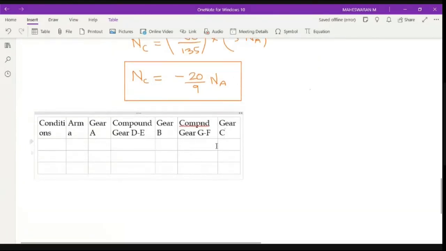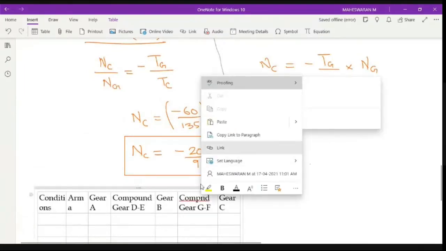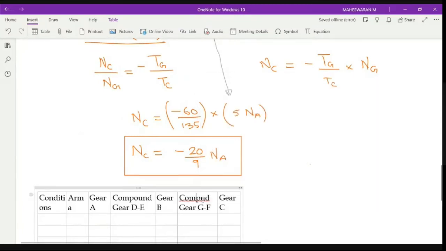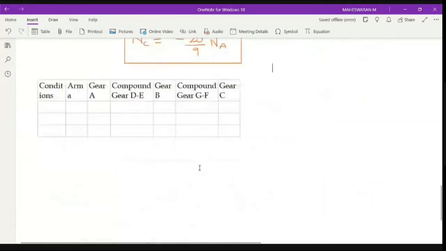So this I have arranged based on whatever we identified. Since whatever the calculation we made, based on that only this has been arranged, right?